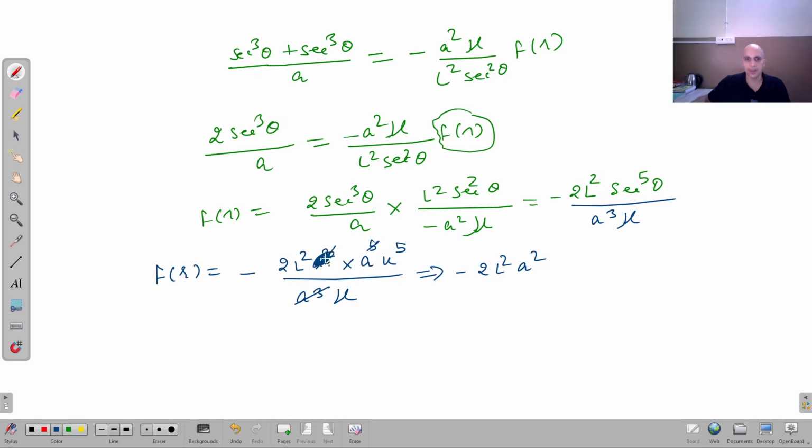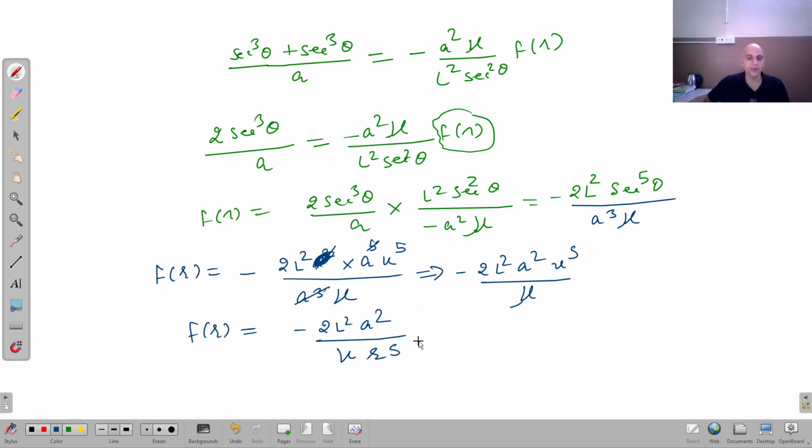It is minus 2 L square secant power 5 theta, so a power 5 u power 5, so a power 2 is left here into u power 5 divided by mu, right? Now u is what? u is 1 upon R. So f r is equal to minus 2 L square a square, into mu into R power 5.